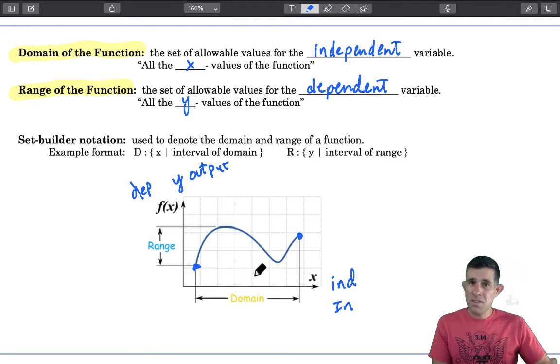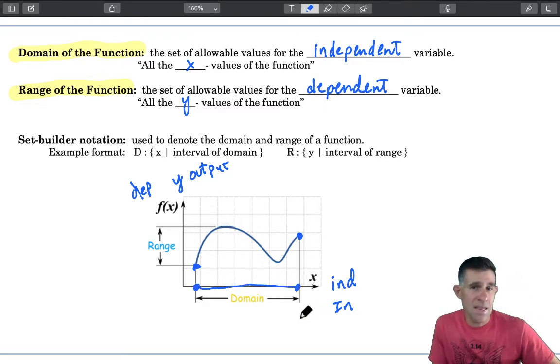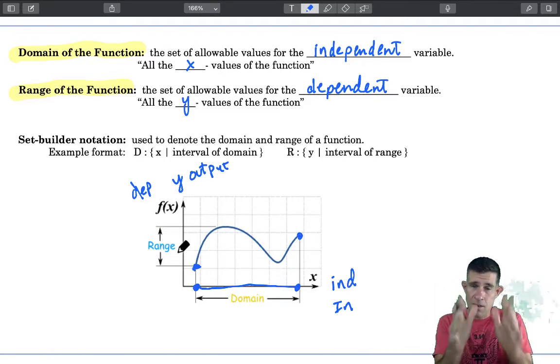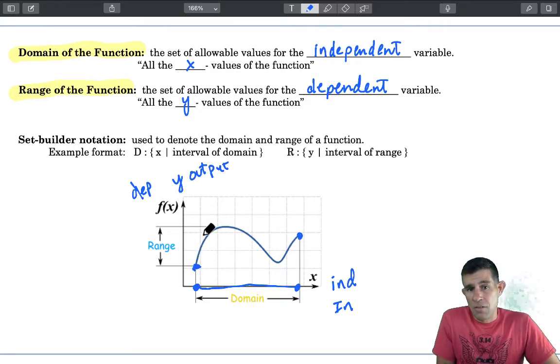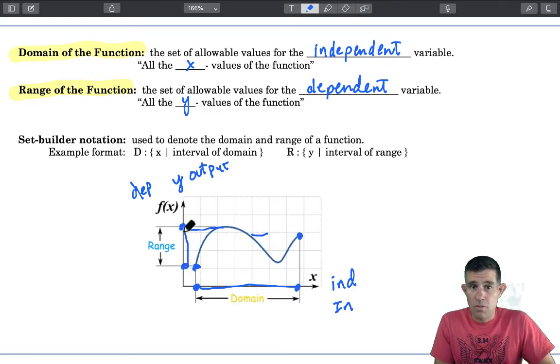A way to think about this is, if you were to flatten that curve onto the x-axis, what interval of x values would be contained in that function? Another way to think about the range is if we were to take that graph and flatten it along the y-axis. If we press it all against the y-axis, we would see that the range of values, or the set of allowable outputs for this function, would be in this interval here.